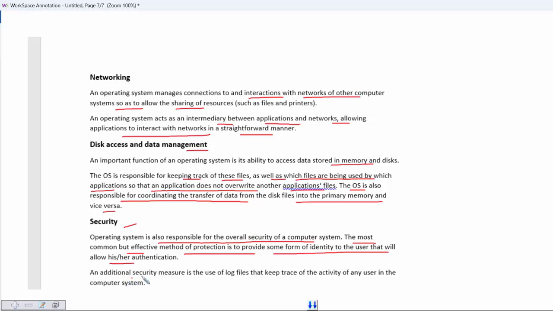An additional security measure is the use of log files that keep track of the activity of any user in the computer system, like when a user reads, writes, or deletes a file, or changes anything. So that is recorded so that unauthorized users and activities may be discovered.